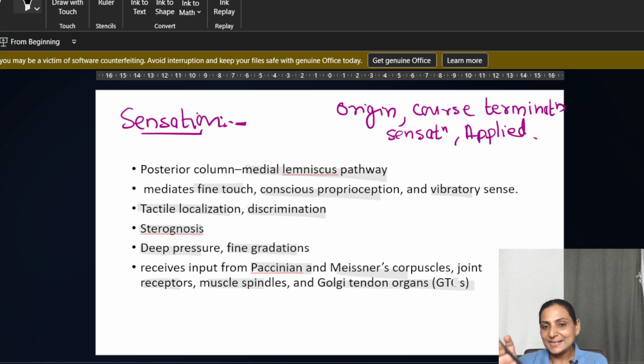So the question is asked on the touch pathway. So we are going to elaborate the touch pathway, but the touch pathway is carried by the dorsal column. So I need to mention that the dorsal column is carrying all these many sensations.